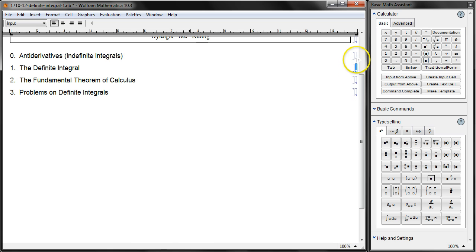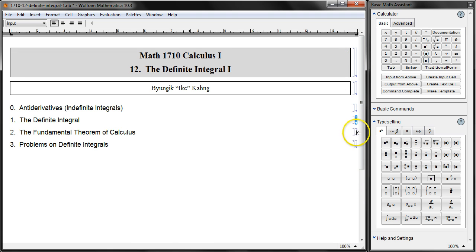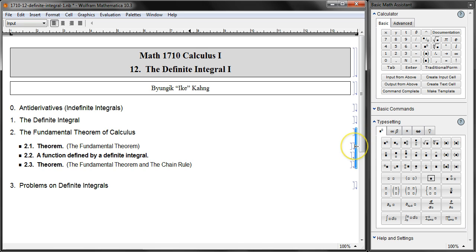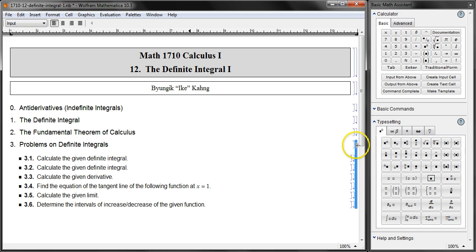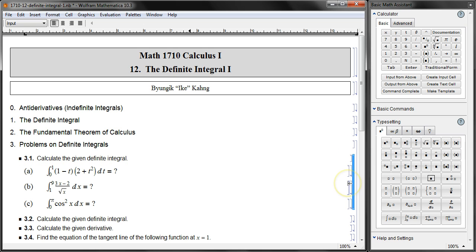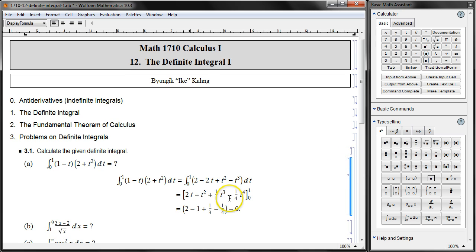And then we talked about how to use the fundamental theorem of calculus to find out the precise value of the definite integral, kind of like these. Find out the antiderivative, and then remember this bracket notation: plug in the top, plug in the bottom, subtract one from the other.